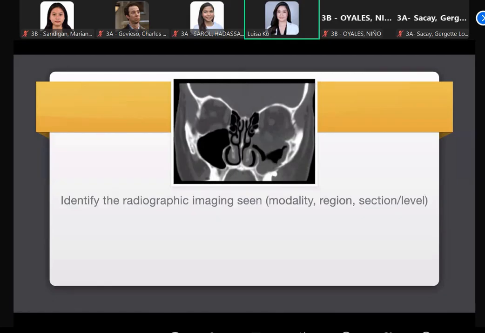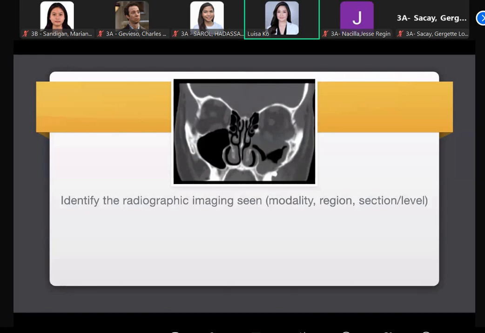So modality meaning, is it an ultrasound, an X-ray, a CT scan, an MRI? Okay, good.